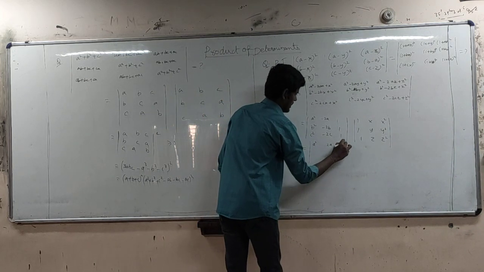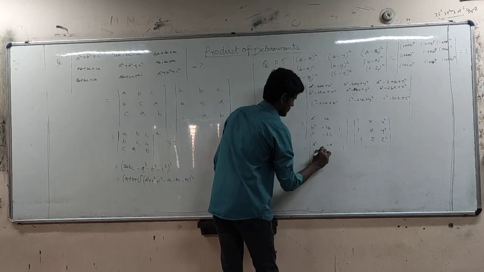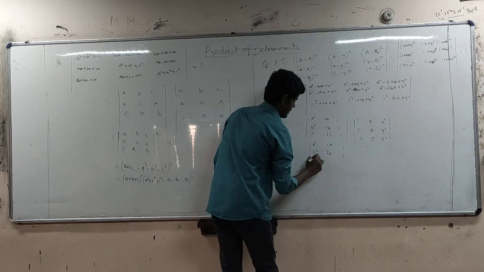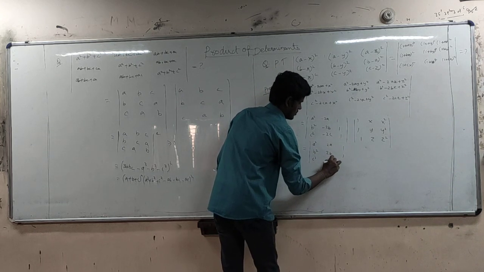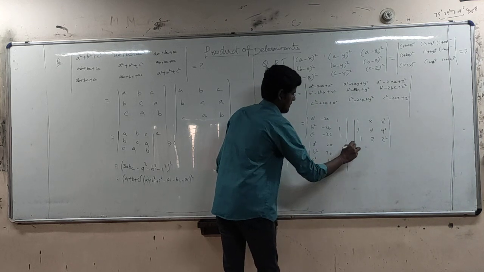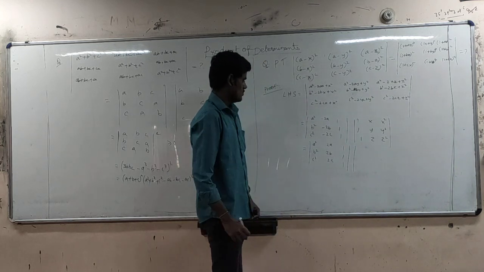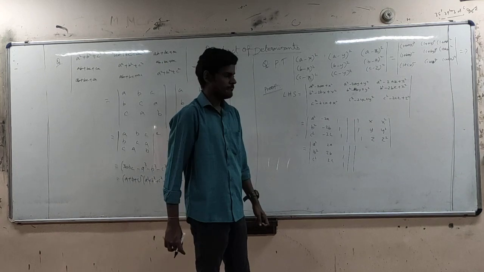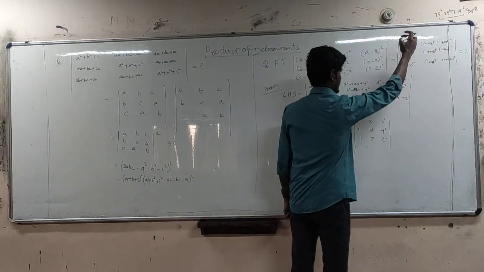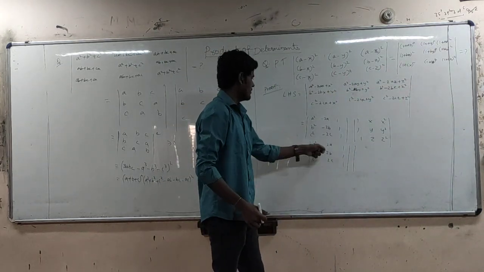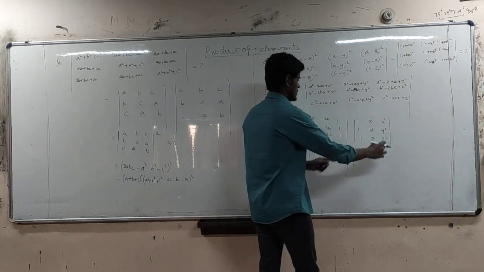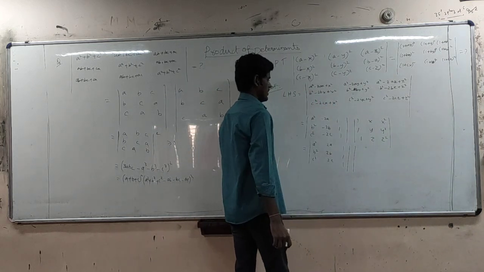For now, I don't write this. b square, 2b, 1, c square, 2c, into 1, and in this we need a square, x square. So I am taking out minus from this and changing the column.